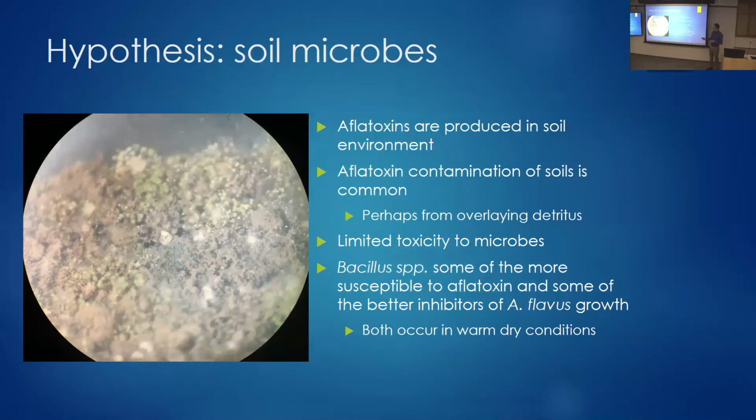Now, aflatoxin does have limited toxicity to microbes, but in some studies, it does keep down some microbial communities. And interestingly, Bacillus and Aspergillus flavus have this relationship where Bacillus produces compounds that are very inhibitory to Aspergillus, and Aspergillus flavus produces aflatoxin, which seems to have the biggest effect on Bacillus species specifically of the microbes that people have tested.